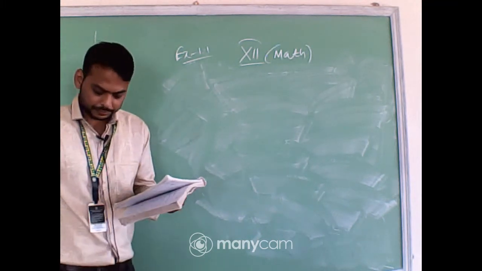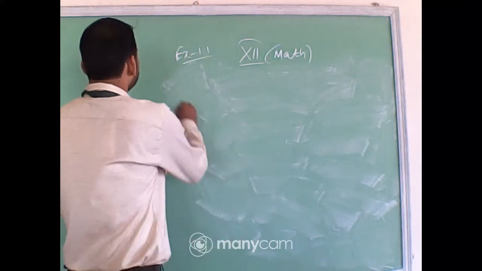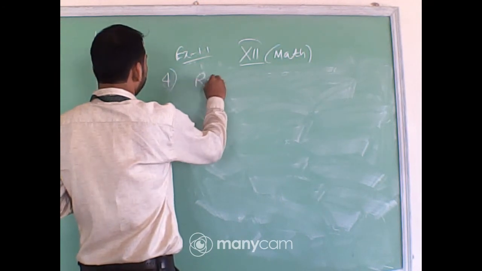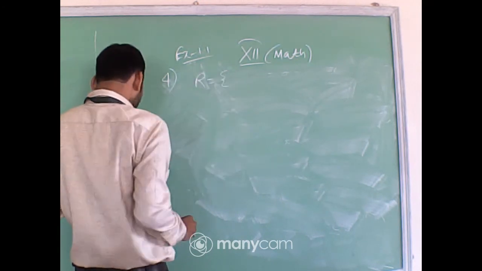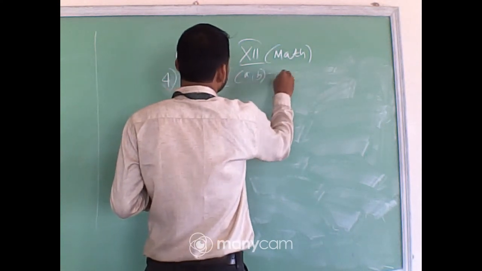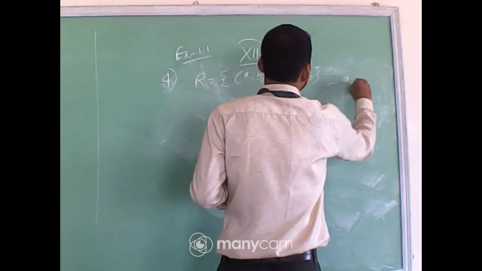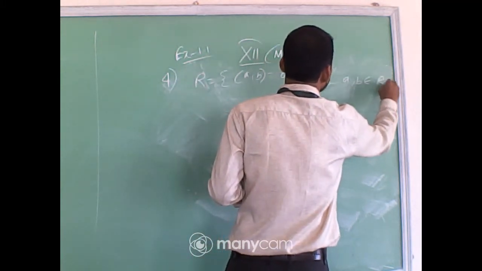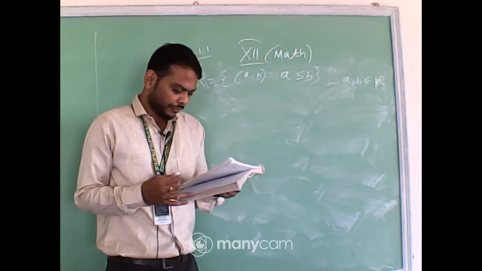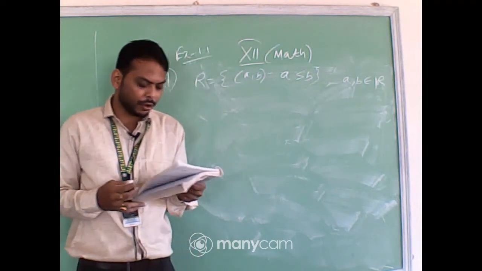Question number 4. Go through it. The relation R is defined on the set of all real numbers, containing the ordered pairs (a, b) such that a ≤ b. Here all a, b belong to the set of all real numbers. Now show that it is reflexive and transitive but not symmetric.